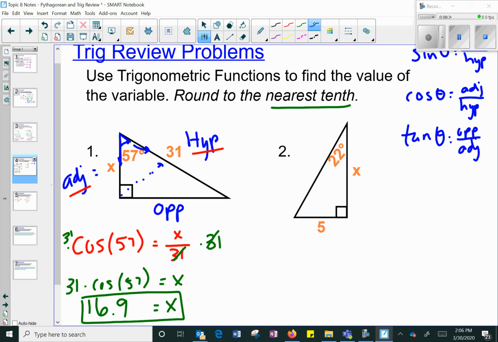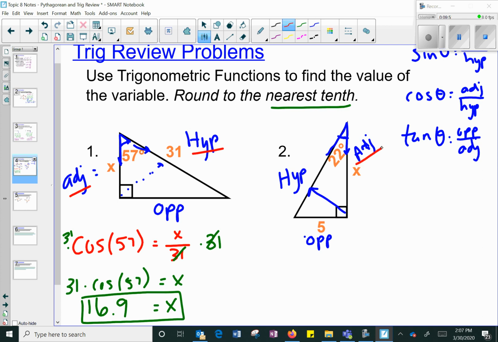Second question, we start up the same way. This time, 22 represents our reference angle. The side touching it is our adjacent in this case. And over here, the 5 is across from the 22, so this will be our opposite. And our hypotenuse is the unlabeled side.